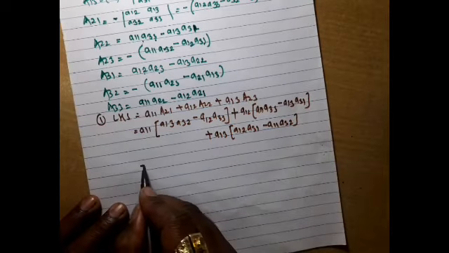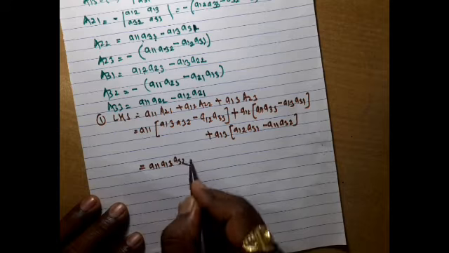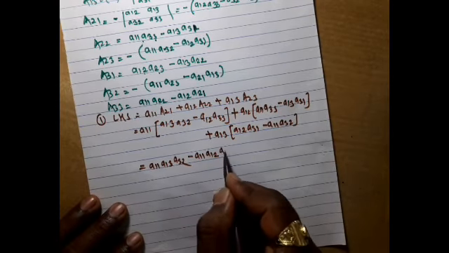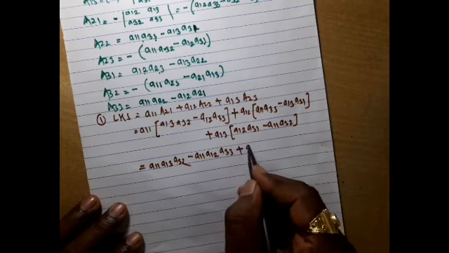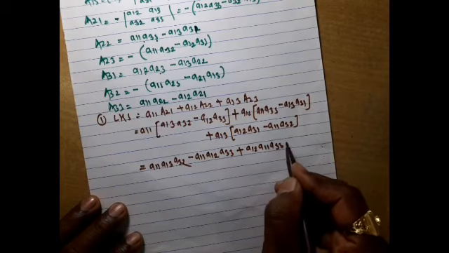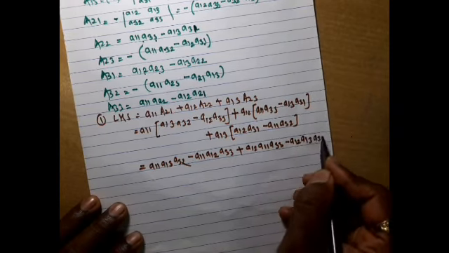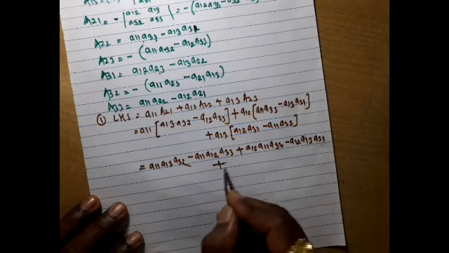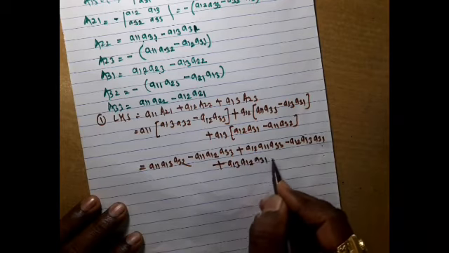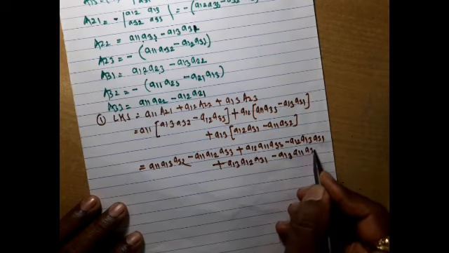Now open the bracket. It is a11 a13 a32 minus a11 a12 a33 plus a12 a11 a33 minus a12 a13 a31 plus a13 a12 a31 minus a13 a11 a32.